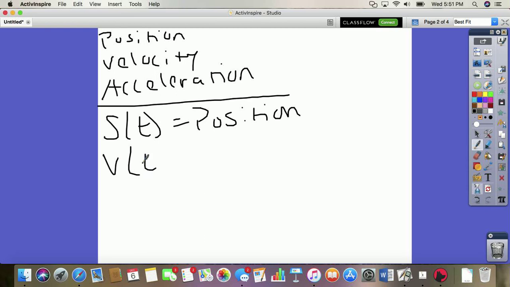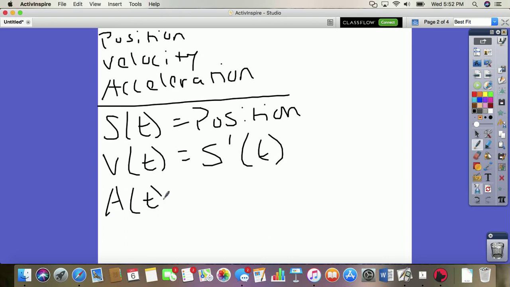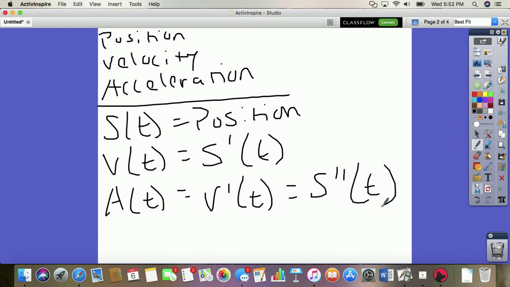So velocity with respect to t is s prime of t. Acceleration is the derivative of velocity, and we write that as a of t equals v prime of t, or s double prime of t as well, okay?